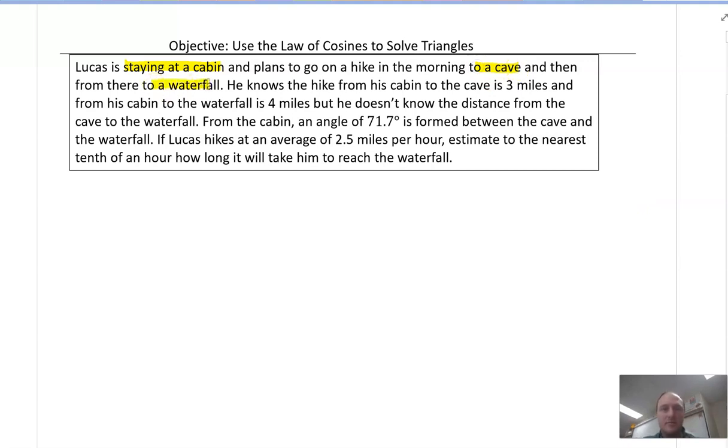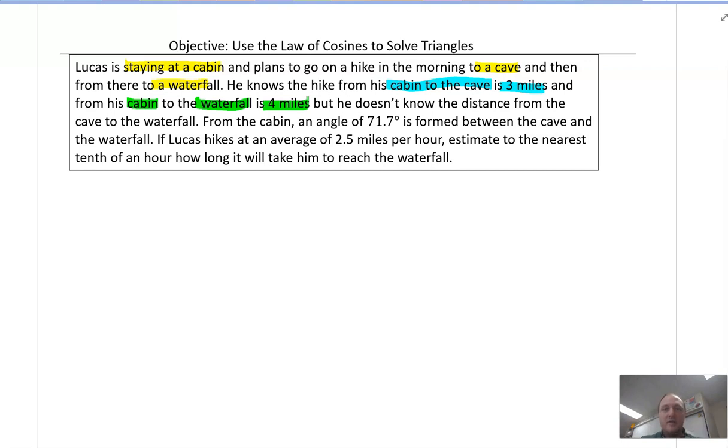He knows that the hike from the cabin to the cave is 3 miles, and from his cabin to the waterfall is 4 miles, but what he doesn't know is the distance from the cave to the waterfall.